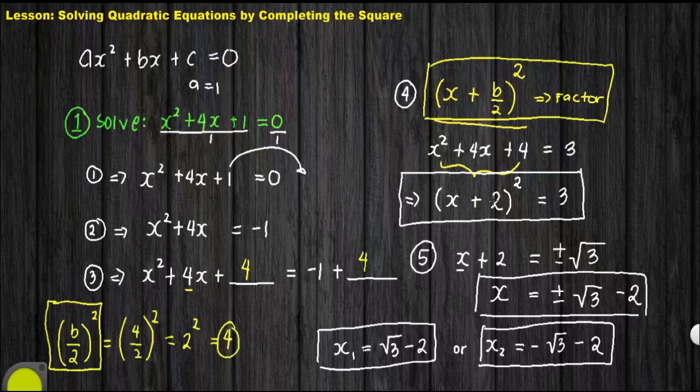Dinivide ko yun sa 2 kaya lumabas yung 2 dyan. Now, for our last step, to find the two solutions, you have to apply the square root principle. And that is solving quadratic equation by completing the square. Okay, so let's move on to the next example.